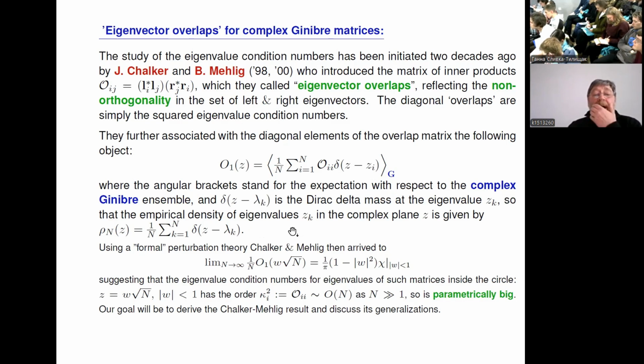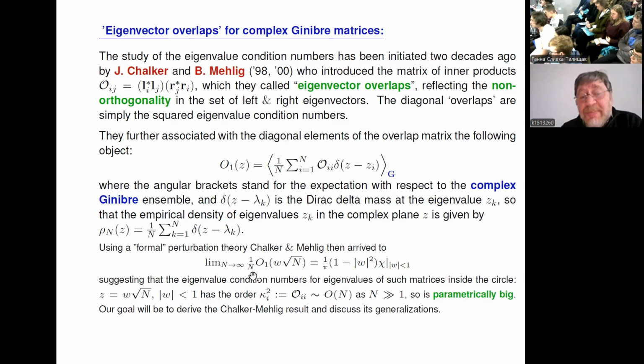Now, Chalker and Mehlig performed quite a non-trivial computation. In the first of their works, they used formal perturbation theory, which was not completely rigorous, but nevertheless produced a correct result. In their second paper, they provided a practically rigorous calculation for this quantity.